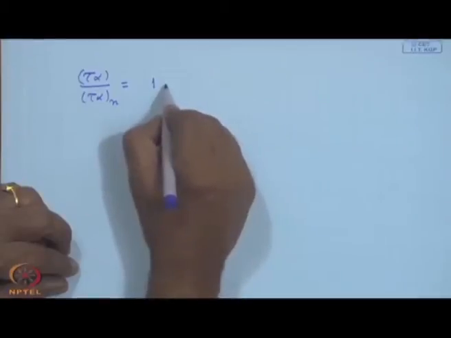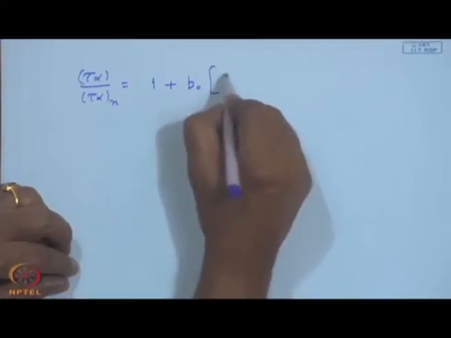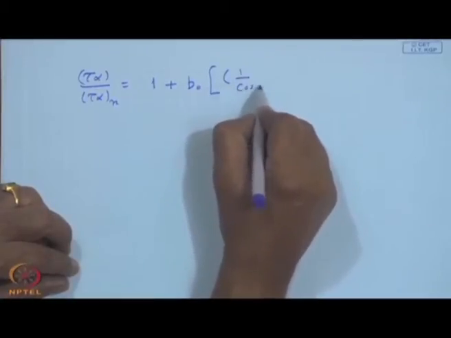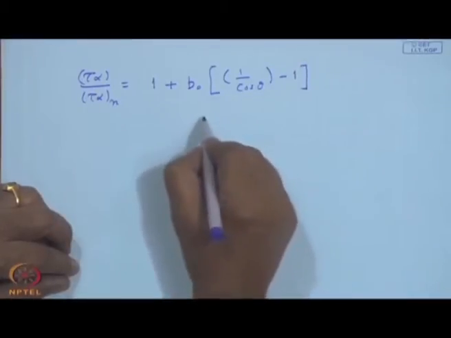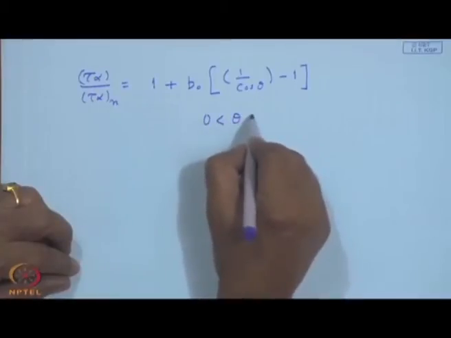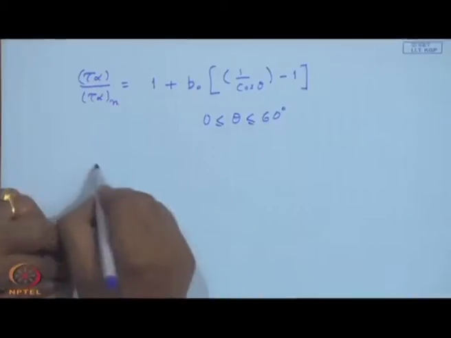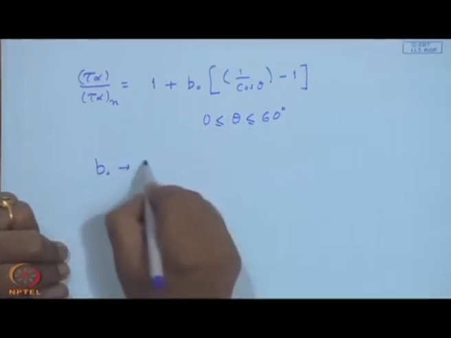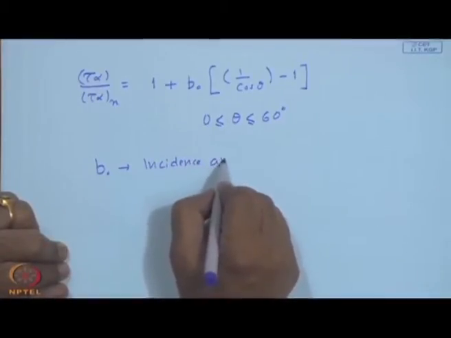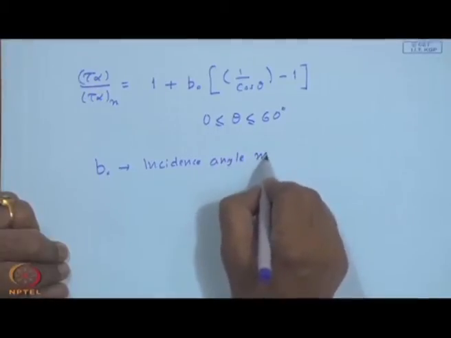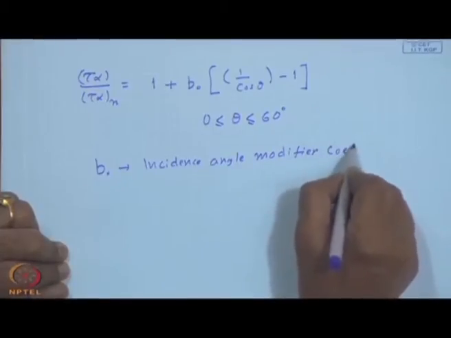This is described adequately for theta less than 60 degrees, and this b_0 is called the incidence angle modifier coefficient.